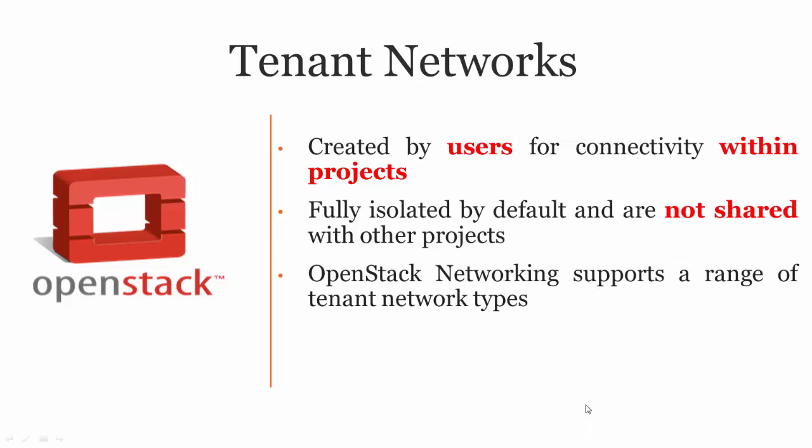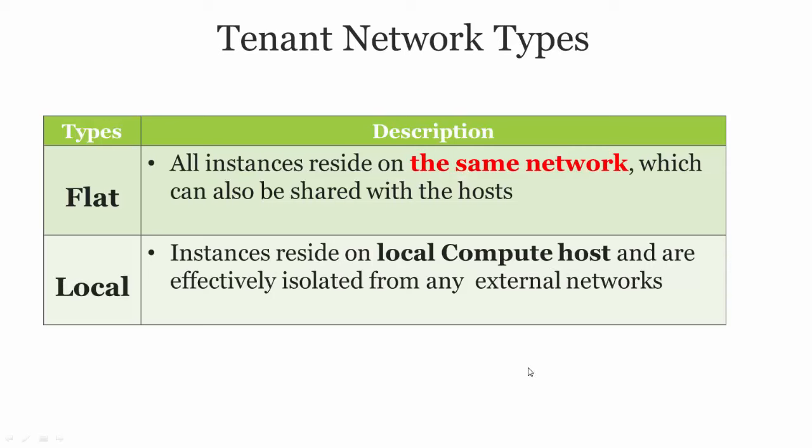OpenStack networking supports a range of tenant network types. When you create a tenant network, you need to define the network type. First, flat. Flat means all instances are on the same network. If you give the same network address to all your virtual machines, then you can use the flat network type.